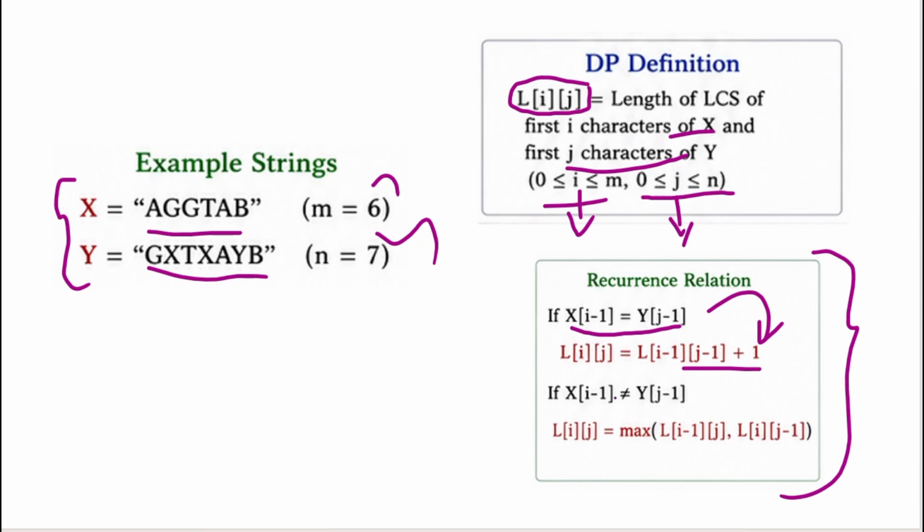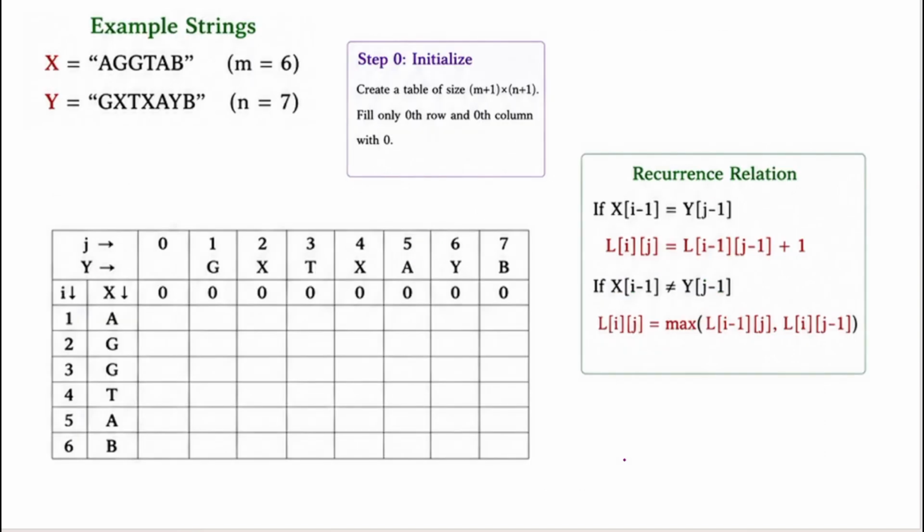If the corresponding characters do not match, just compare the top and left values. Whichever is maximum, you take that value and fill it in the table. Clear? We will discuss one example. It will help you to easily understand this concept.